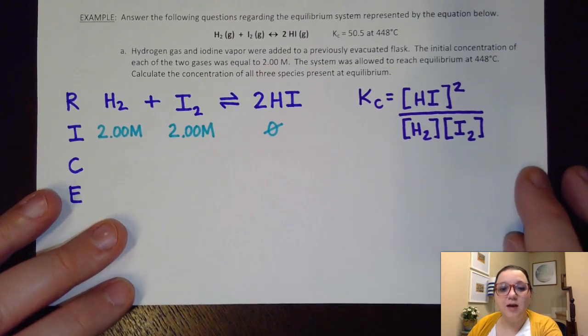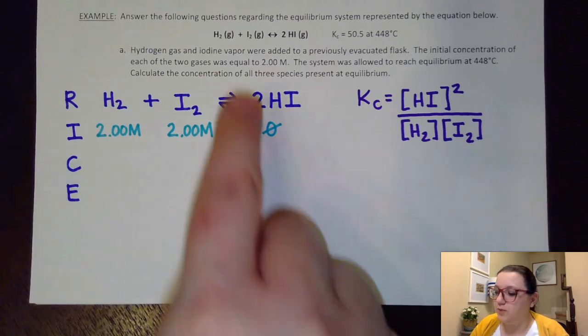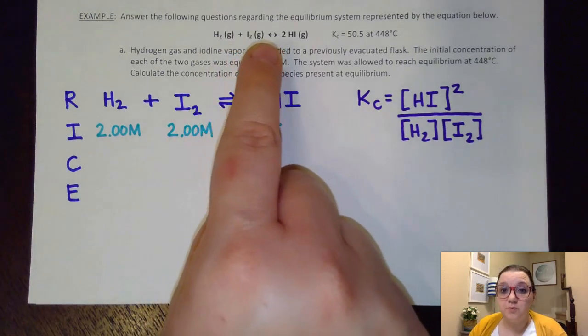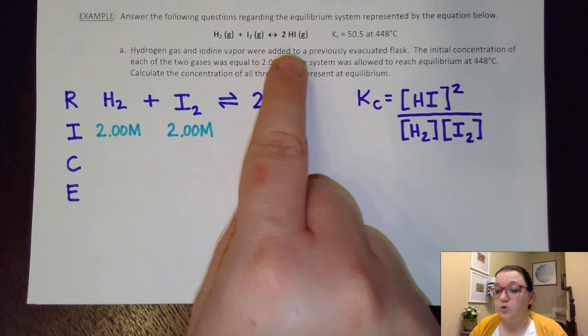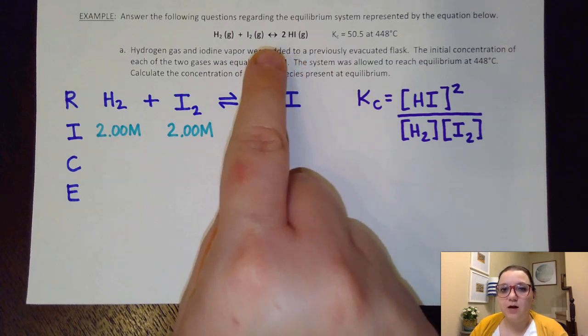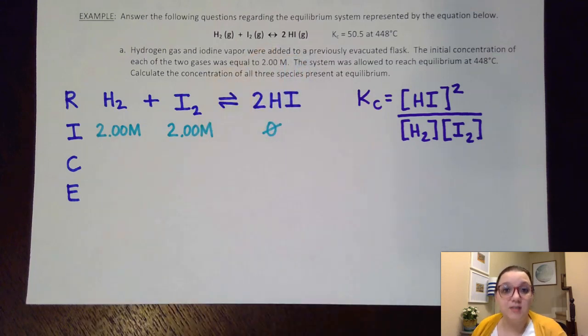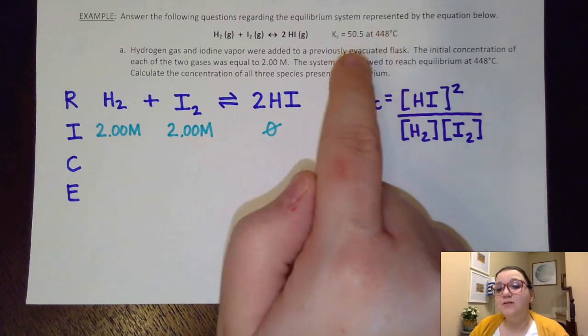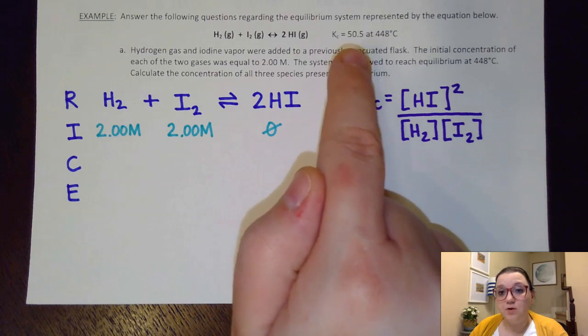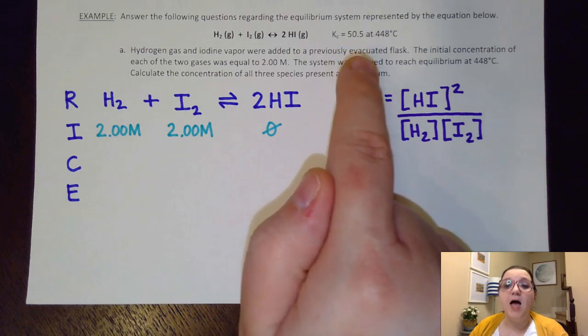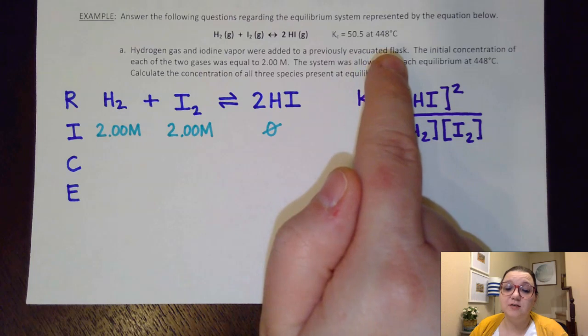So let's go ahead and get started on that first example here. They give us a reaction of H2 plus I2 with a reversible arrow going back and forth to 2HI. That reversible arrow lets us know that this reaction is capable of reaching an equilibrium state. They also give us the Kc value at equilibrium: 50.5 at 448 degrees Celsius.